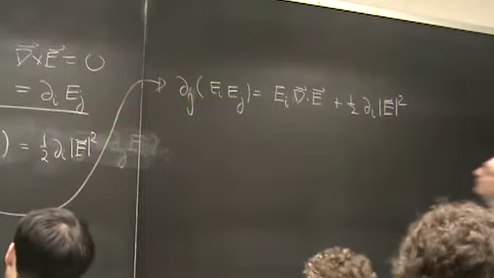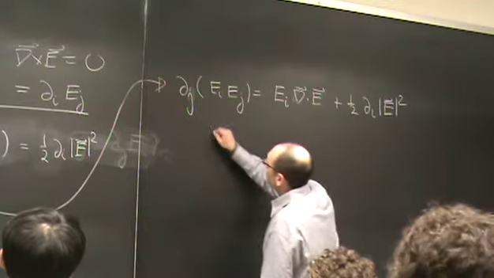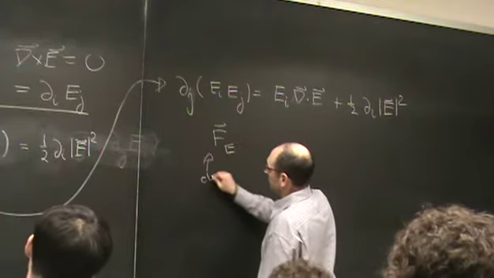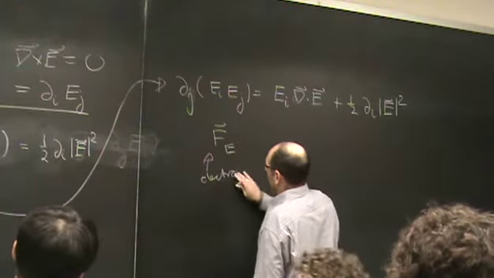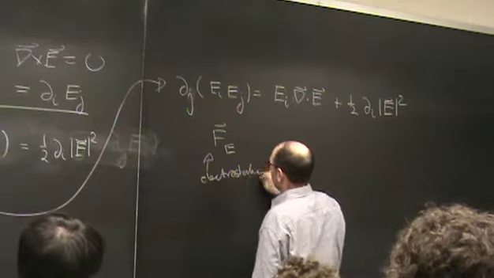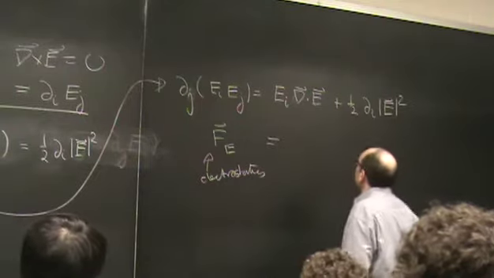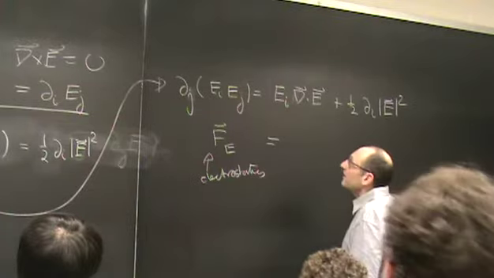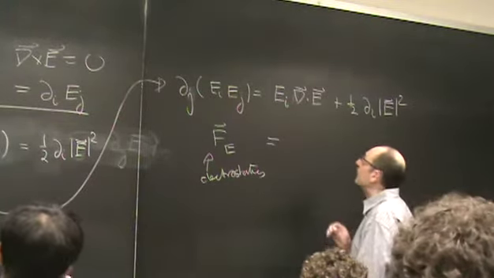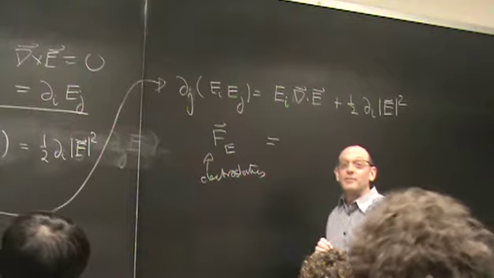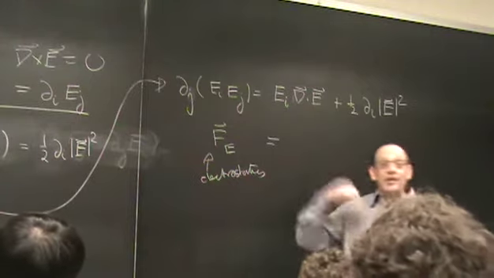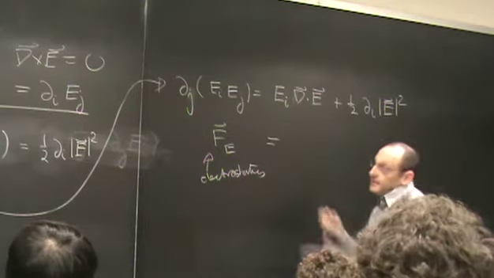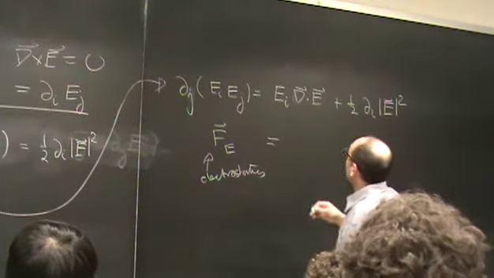And so we find the following. The electric force in electrostatics, the thing that was Coulomb's law, can be expressed in a form that depends only on the electric field, not on the charge anymore. Because the charge is related to the field through Maxwell's equations, in this case, Gauss's law. And we get the following.